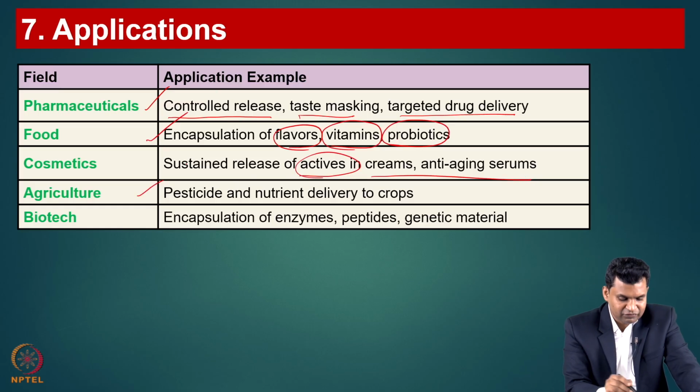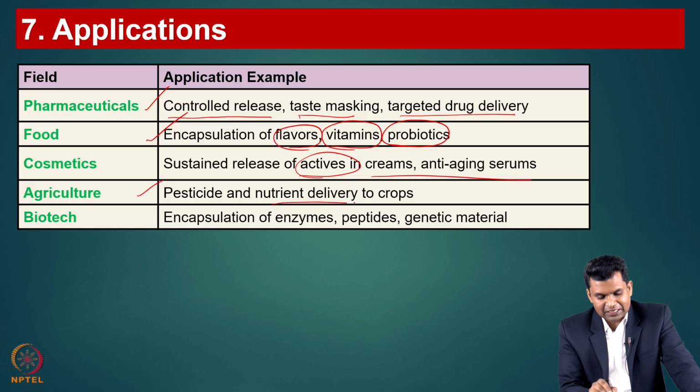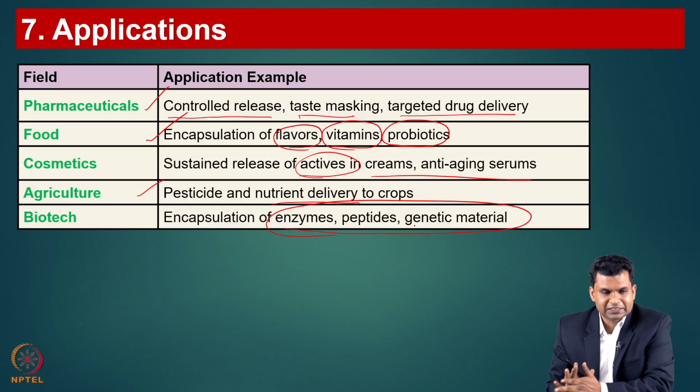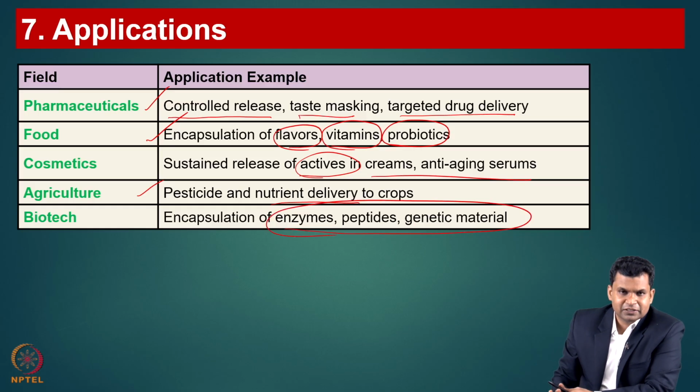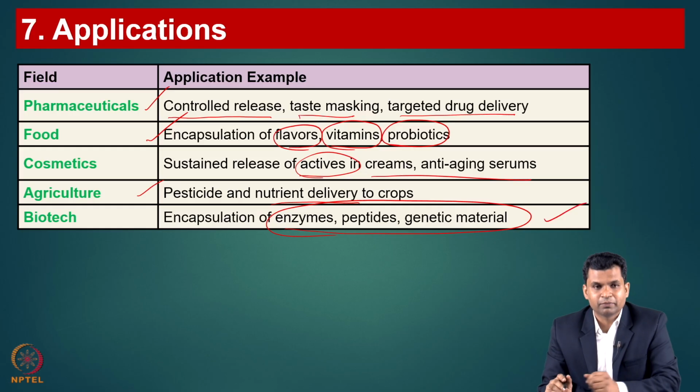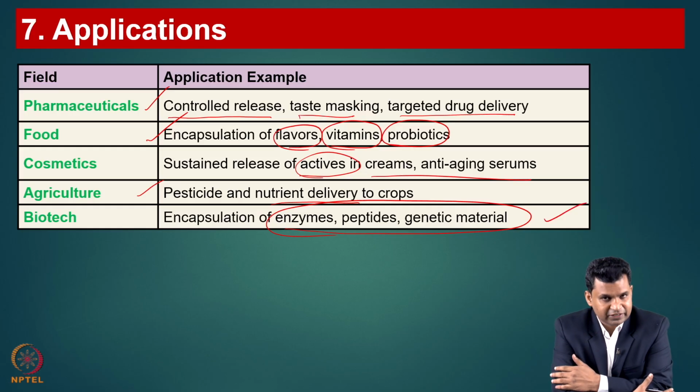In agriculture, we can deliver pesticides and other nutrients to the crops. And in biotechnology, if you want to encapsulate various types of enzymes, peptides and other genetic material, microencapsulation is an attractive and emerging platform for encapsulation of various active ingredients.